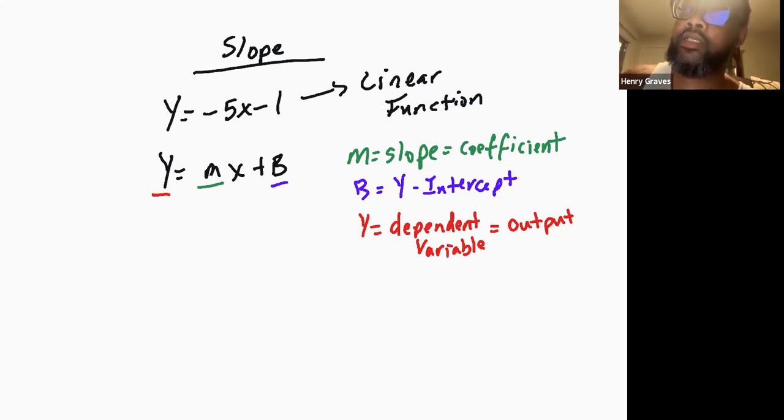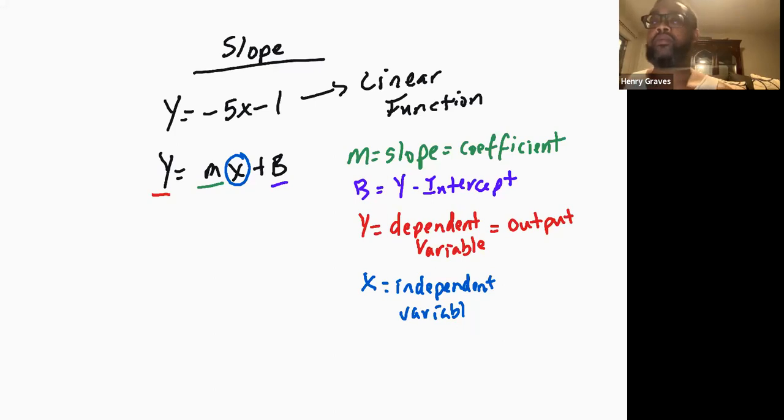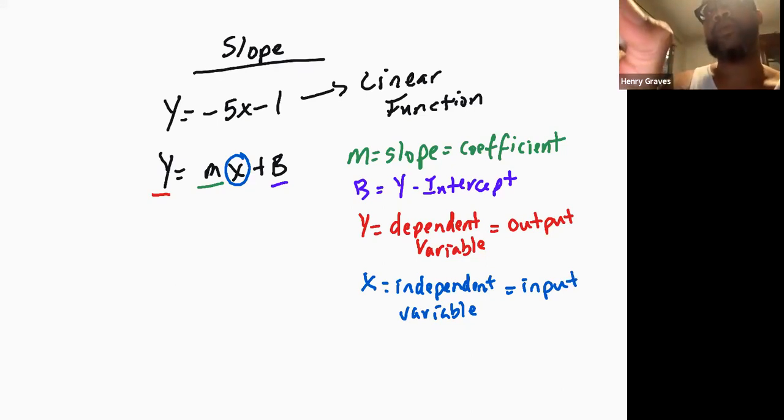I want to circle the x. And x is your independent variable, or as your book would say, your independent quantity. All right, and that's your input. So with that said, y equals mx plus b is the example of the slope-intercept formula.